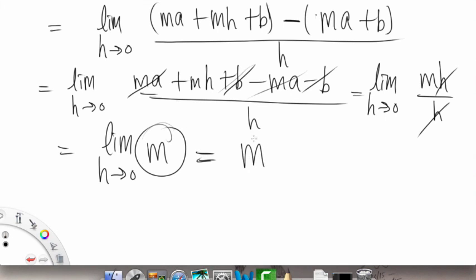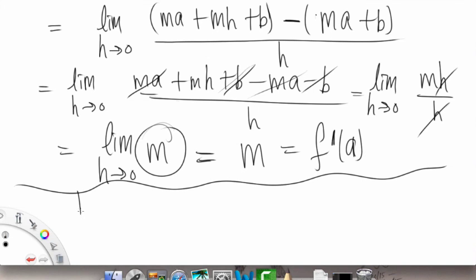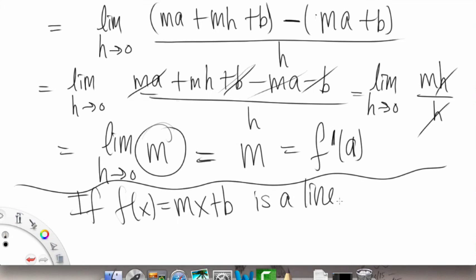Okay, so we've reached an important conclusion. This is our f prime of a, that's the slope at any given point on our line. Here I'll write the conclusion down here. If our f of x is some kind of linear function, therefore it has the form mx plus b, so if this is a linear function, that just means a line, right?